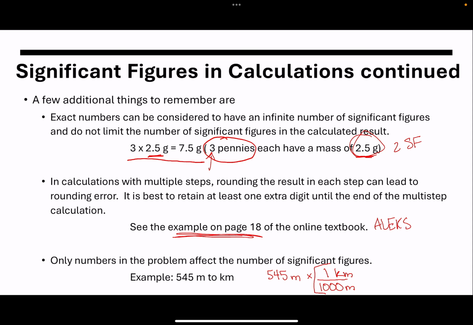But this is a conversion factor, so this does not affect our number of sig figs. Only numbers that are in the actual problem can affect that. So we know that our final answer can be 3 significant figures. In this case, it would be 0.545 kilometers, and that would be 3 sig figs.